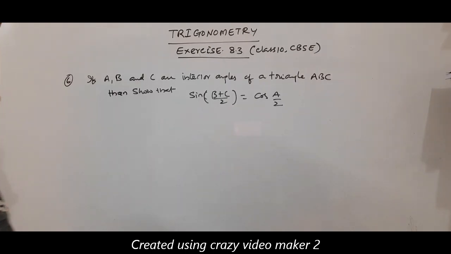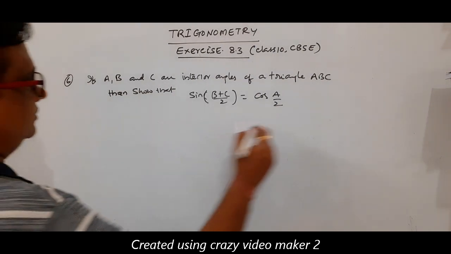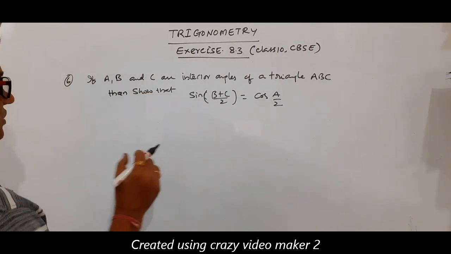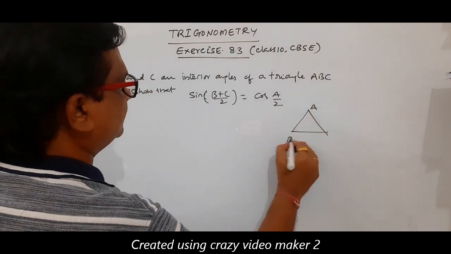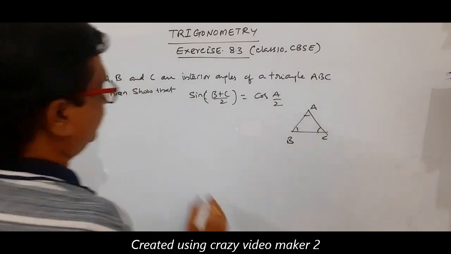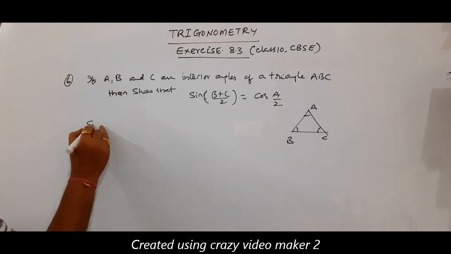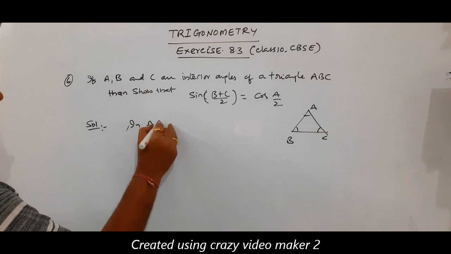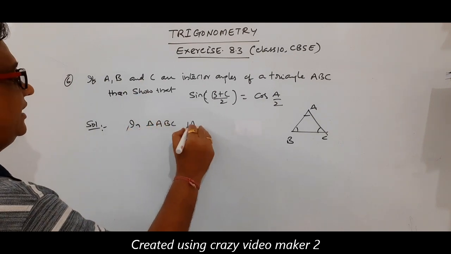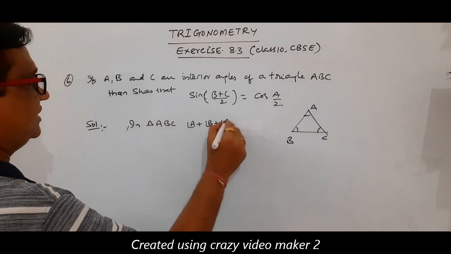In this sixth question, if A, B, C are interior angles of triangle ABC, show that sin of (B plus C) by 2 equal to cos A by 2. Interior angles of triangle ABC means you just write like this, A, B, C. So in triangle ABC, angle A plus angle B plus angle C equal to 180.